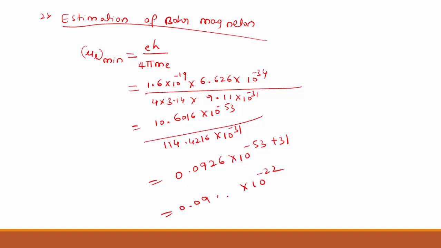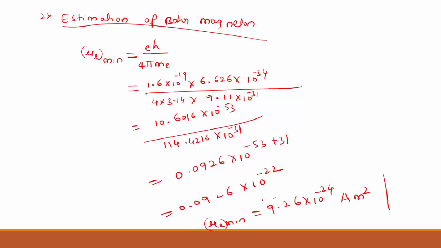So 0.0926 into 10 to the power of minus 22 is μL for the minimum value. Here the estimation of Bohr magneton value is 9.26 into 10 to the power of minus 24 ampere meter square.